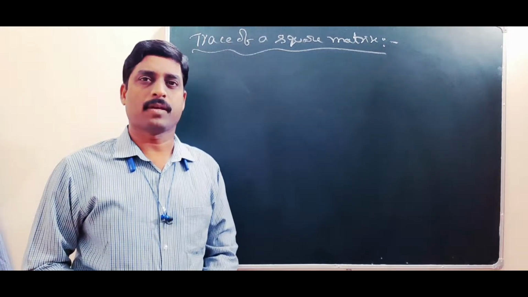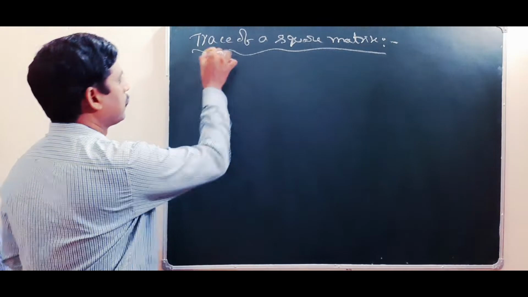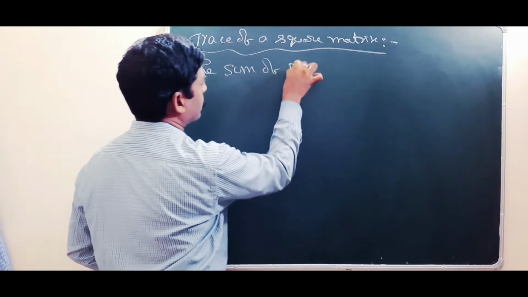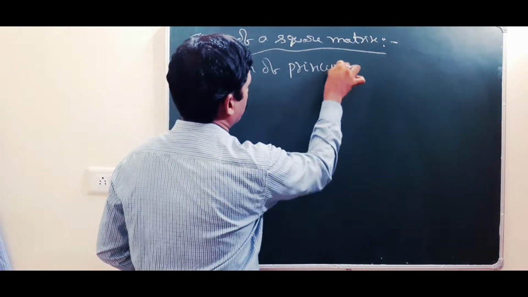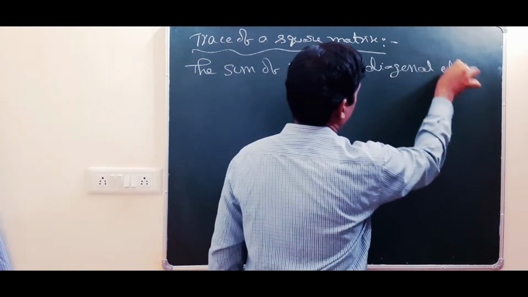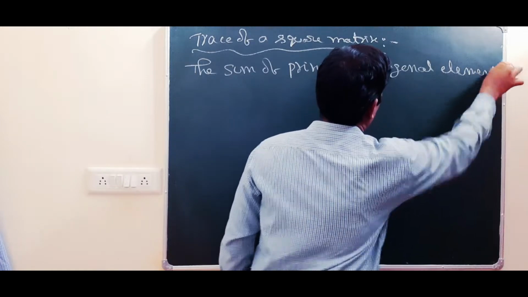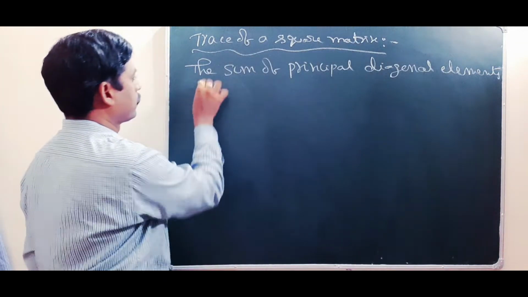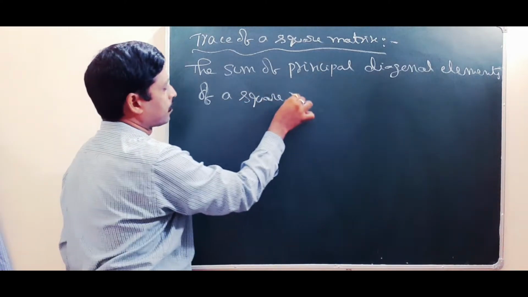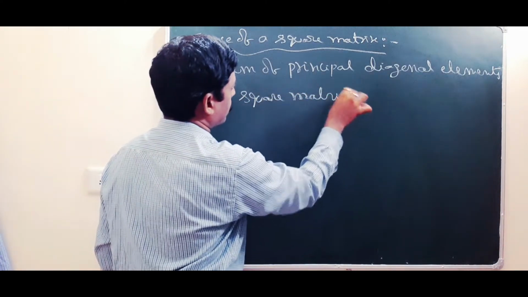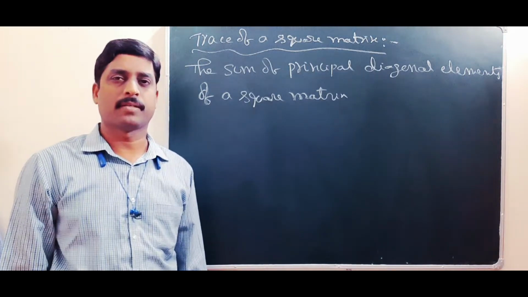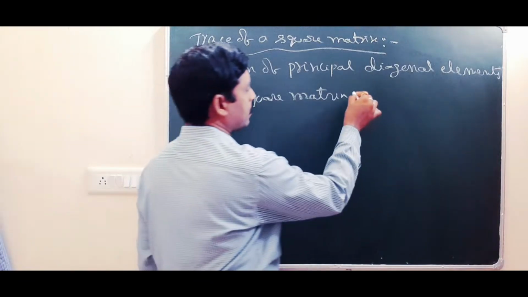Now explain trace of square matrix. The sum of principal diagonal elements of a square matrix is called trace of matrix.